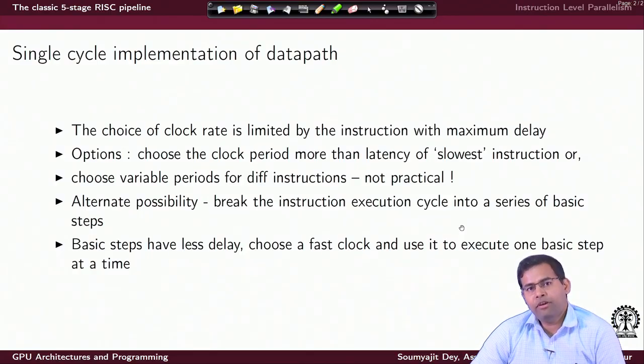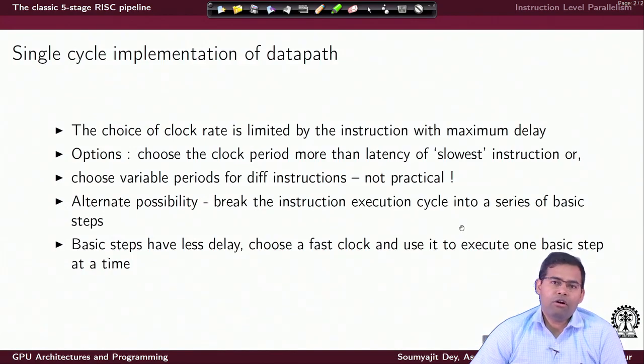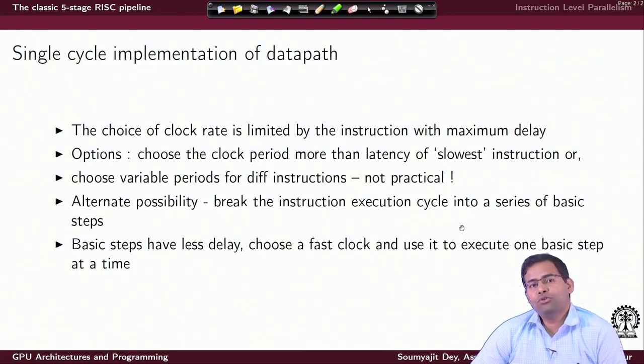Even for instructions which are lightweight and atomic as in RISC, their executions may create different delays in a data path. So, does it mean that the clock signal's frequency should be different for different instructions? No, that is definitely not possible. That means we have to find out which instruction takes the most time and choose the clock period to be equal to or greater than the latency of that slowest instruction.